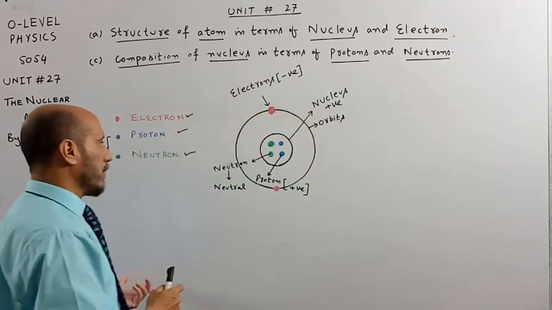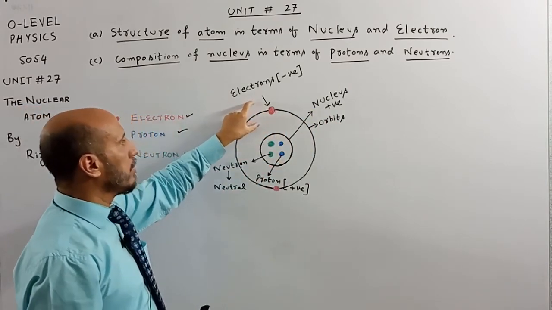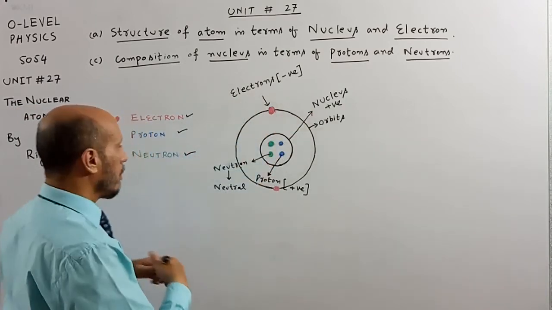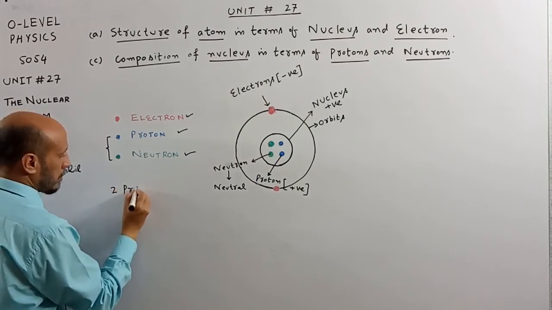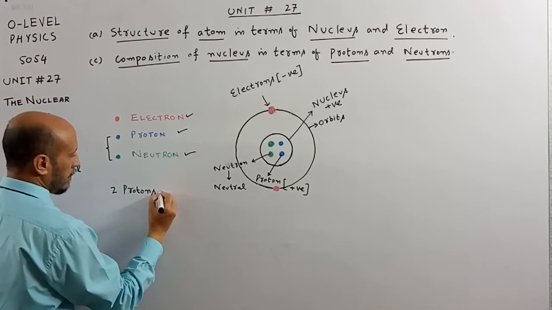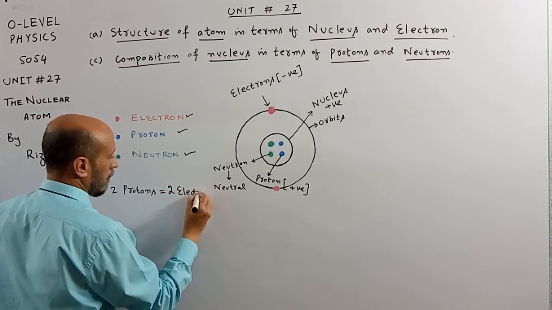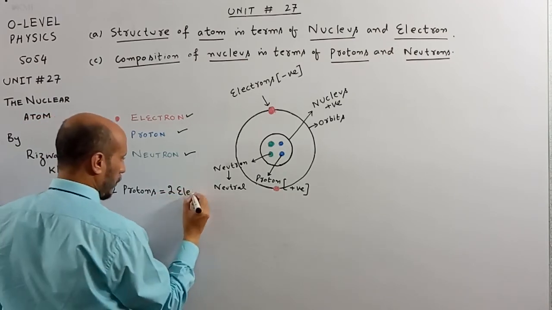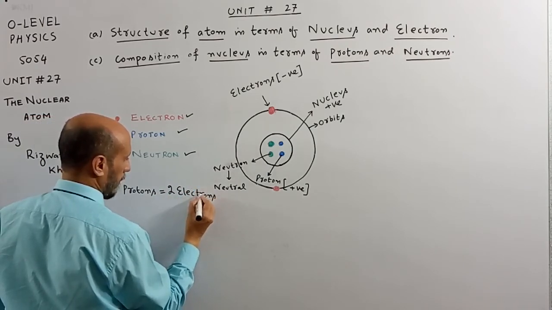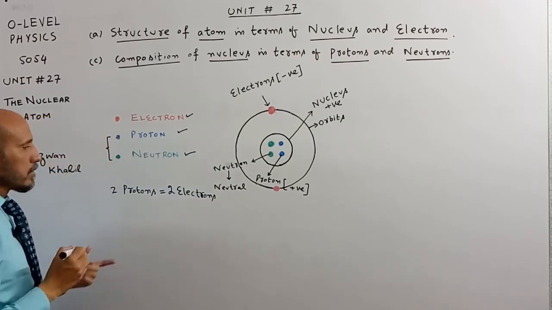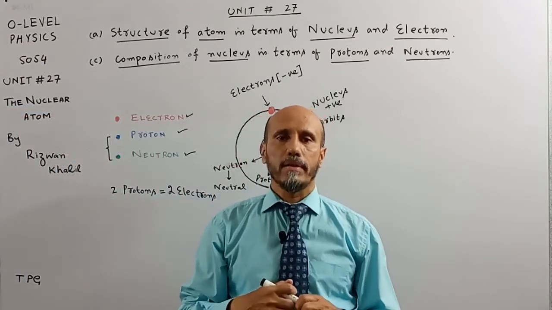But one thing is there as well, that the number of protons is always equal to the number of electrons. What does it mean? That if there are two protons, then definitely these two protons are equal to two electrons. So in this way we can say that the atom is a neutral particle.